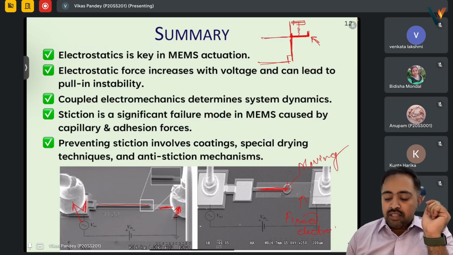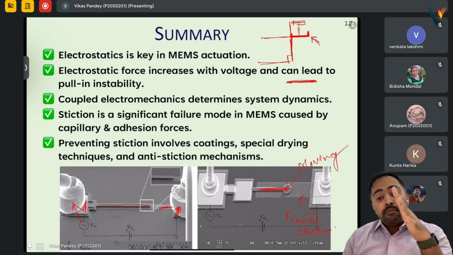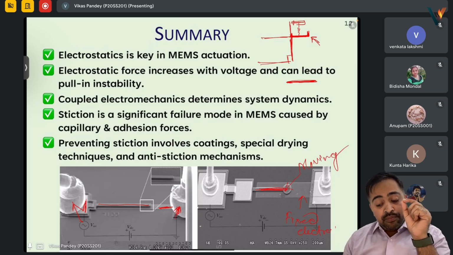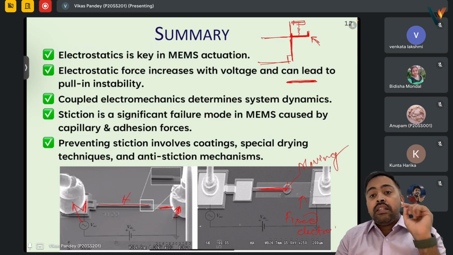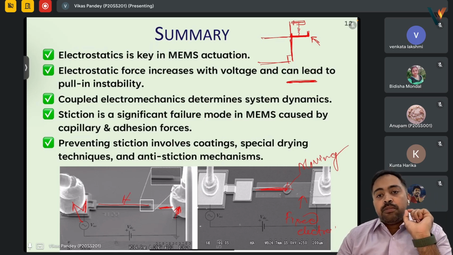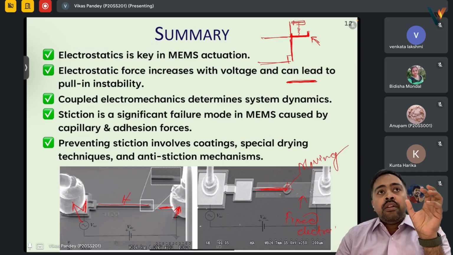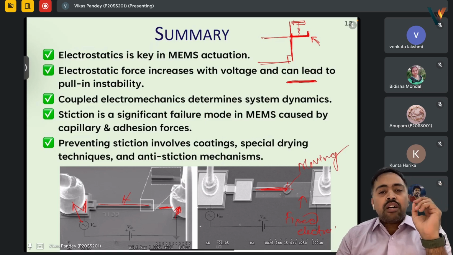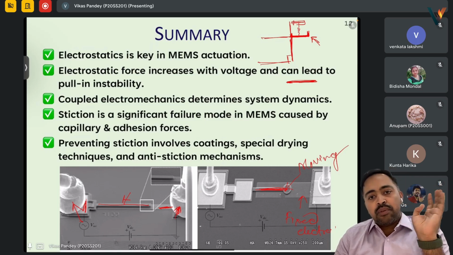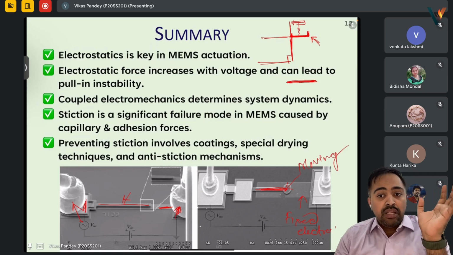So when we are talking about a cantilever or such a structure, the mechanical force holding the top electrode in its place is what we represent by the spring. Can we make a spring in a MEMS structure? Metallic inductors or springs are among the most difficult parts that microfabrication and nanofabrication are unable to make.